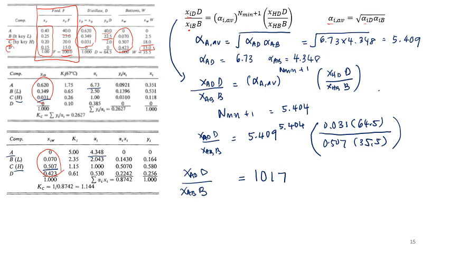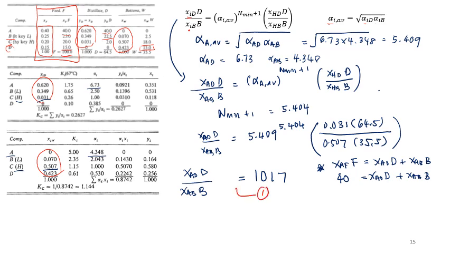And then from the material balance of component A, x_AF F equals x_AD D plus x_AB B. So x_AF F in the feed is 40 moles per hour, equal to x_AD D plus x_AB B. So you have two equations.